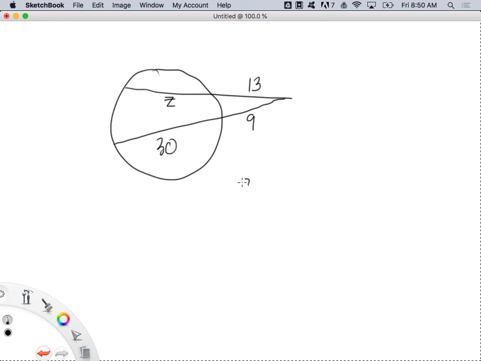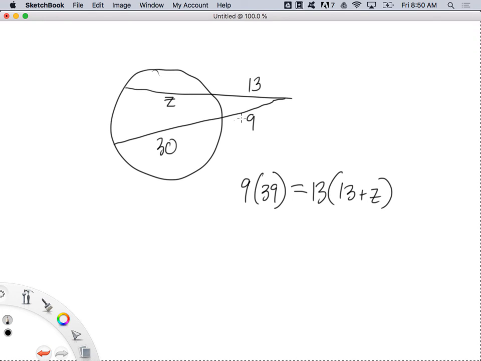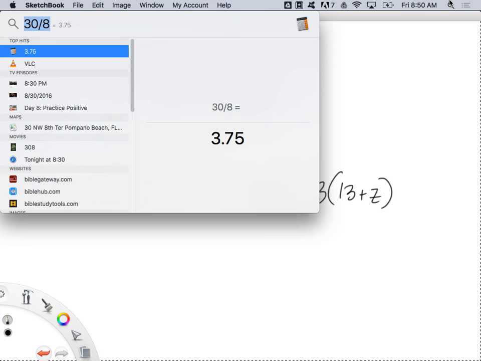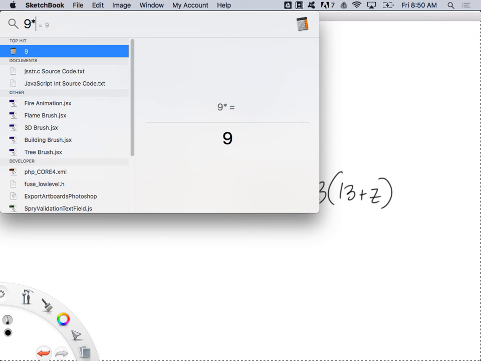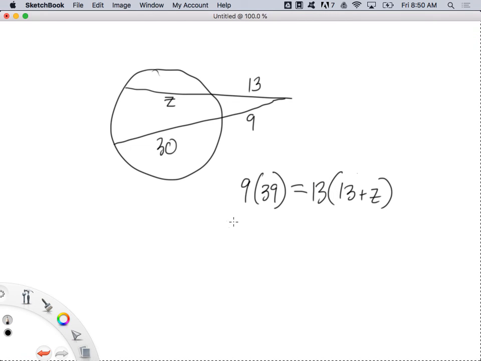So it's 9 times 39 equals the exterior, which is 13, times the whole thing, which is 13 plus Z. You guys remember this? It's the exterior times the whole thing equals the exterior times the whole thing. So in this case, it would be 9 times 39 is 351 equals 13 times 13 is 169 plus 13Z.